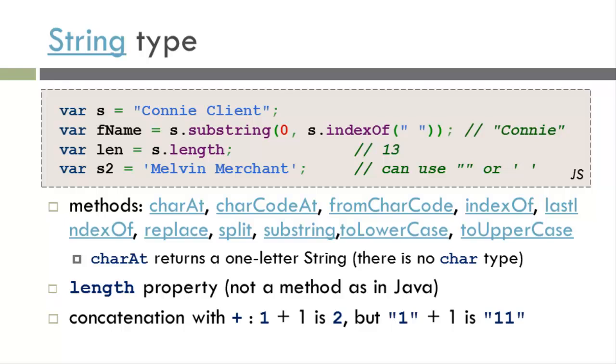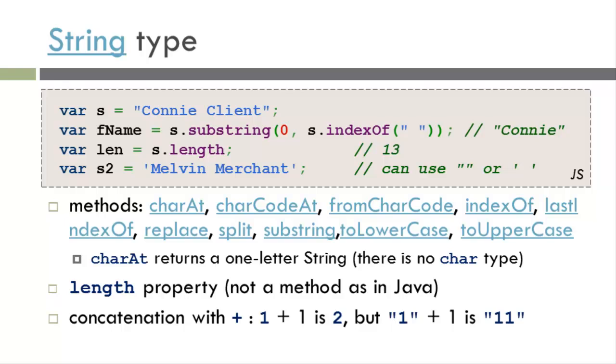The JavaScript string type is basically anything in double quotes or single quotes. There is no char type in JavaScript. You can return a particular letter of a string, but this is still returned as a string type, not as a char. To concatenate two strings together, you use plus.